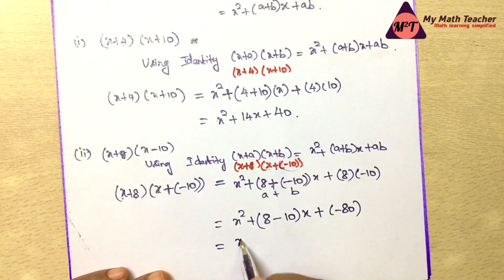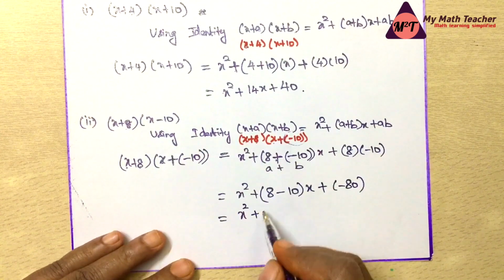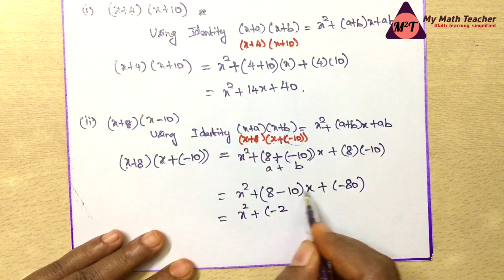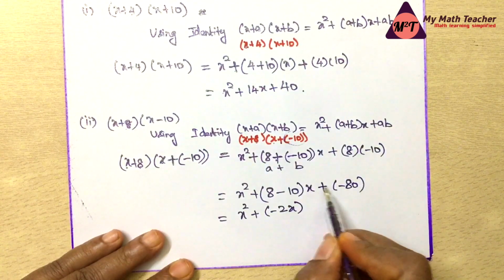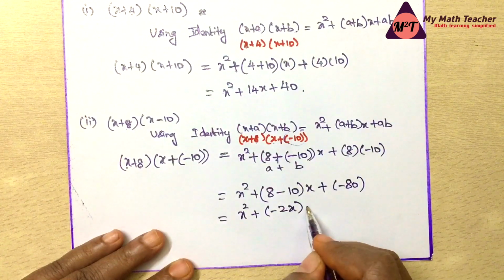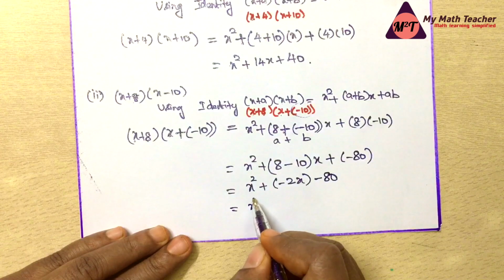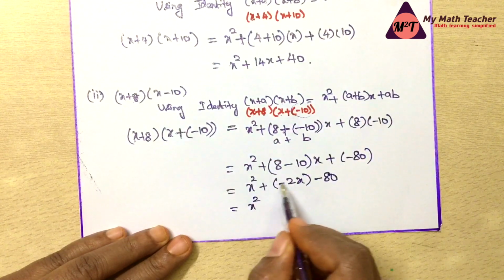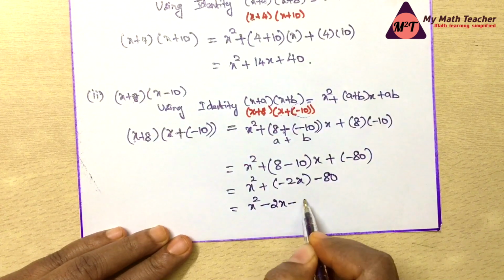Now x square plus 8 minus 10 is minus 2, into x, it is minus 2x. Now remove the bracket by multiplying. Plus into minus is minus 80. Now finally we can write like this, x square, plus into minus is minus 2x minus 80.